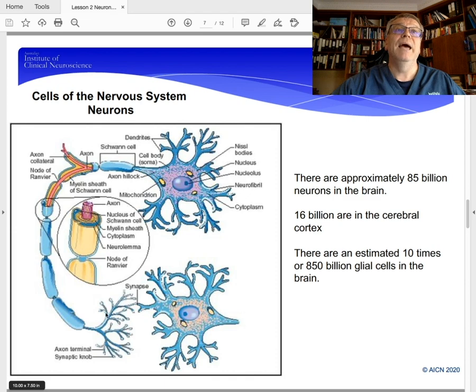So the axon of one neuron comes very close to the dendrites of another neuron, and they're separated by a little space, and that space is called a synapse. Okay, so that's pretty much the outline of a typical neuron for you.